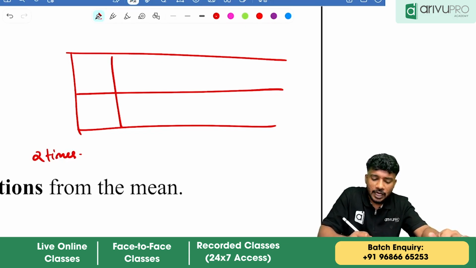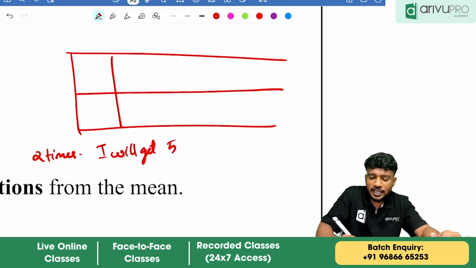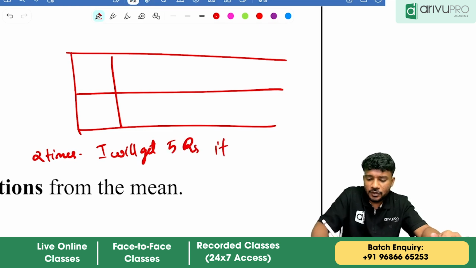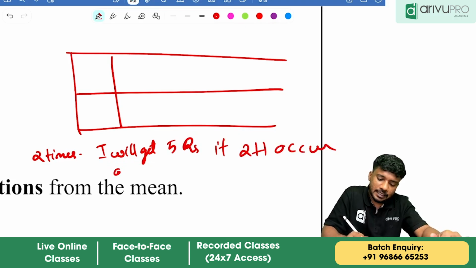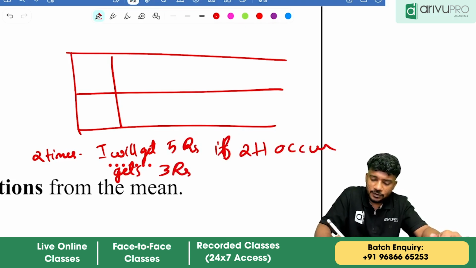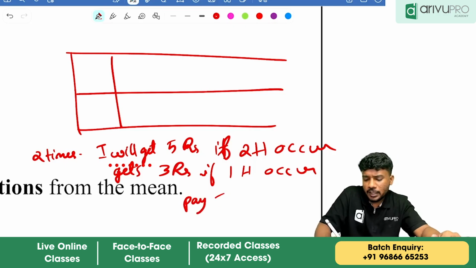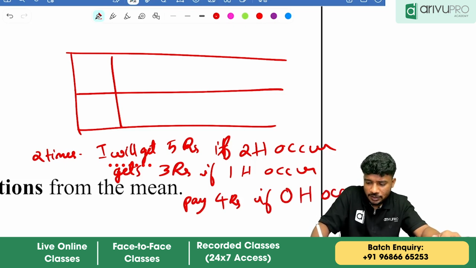Then I will get 5 rupees if 2 heads occur. Then I get 3 rupees if 1 head occurs. I need to pay 4 rupees if 0 heads occur. These are the conditions.